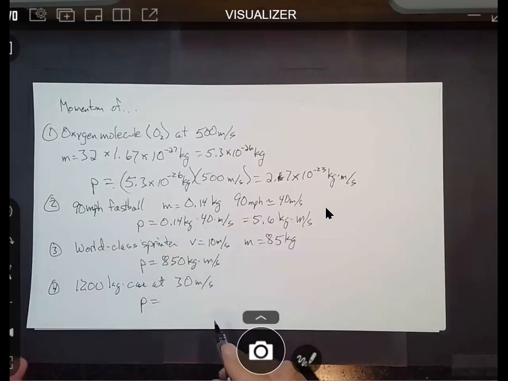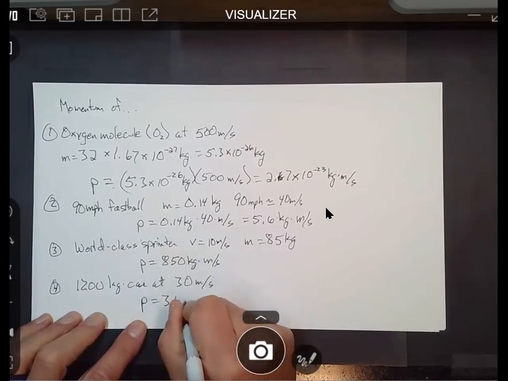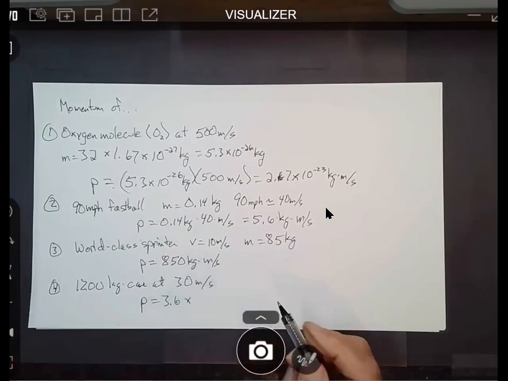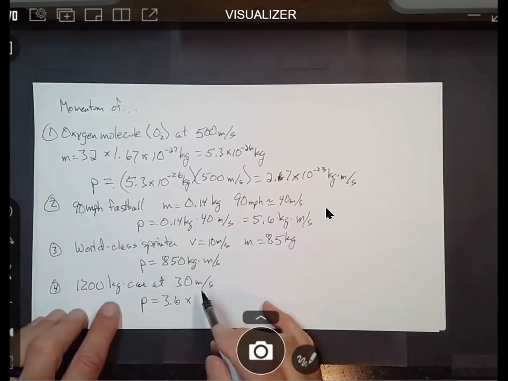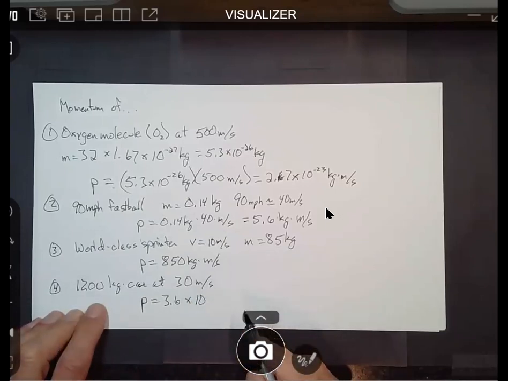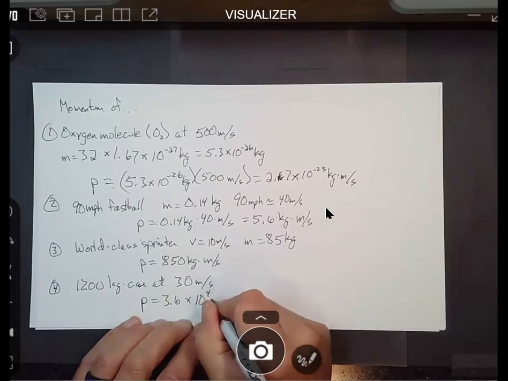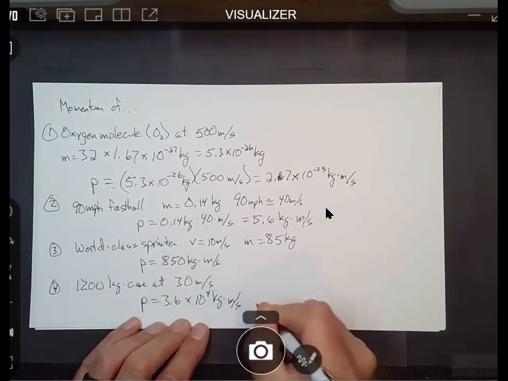So multiply those two together and you get 3.6 times, oh, now I lost my place. 10 to the first, that's 10 to the fourth. Yeah, 10 to the fourth kilogram meters per second.